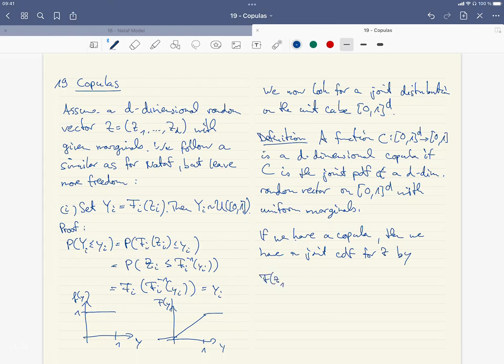The CDF of Z_1 up to Z_d is actually the copula, and I insert F_1 of z_1 up to F_d of z_d. The transformation that I just prescribed transforms to uniform 0, 1, and then I insert this into the copula, and that's my CDF.